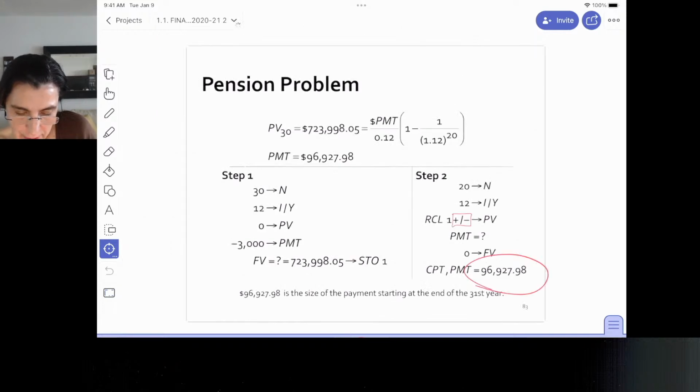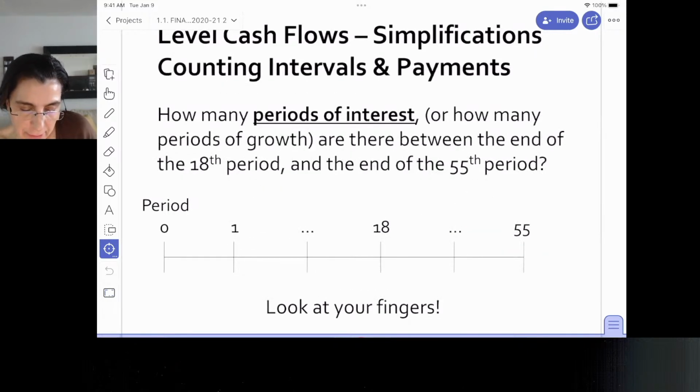So for instance, how many periods of interest or how many periods of growth are there between the end of the 18th period and the end of the 55th? So as long as you're working from end to end or beginning to beginning, these are the rules you will use. My suggestion is just look at your fingers.